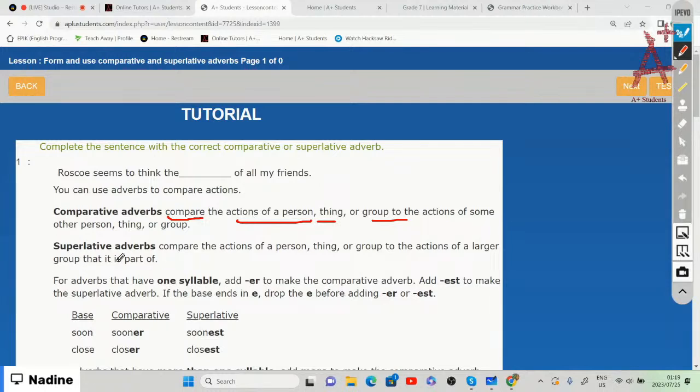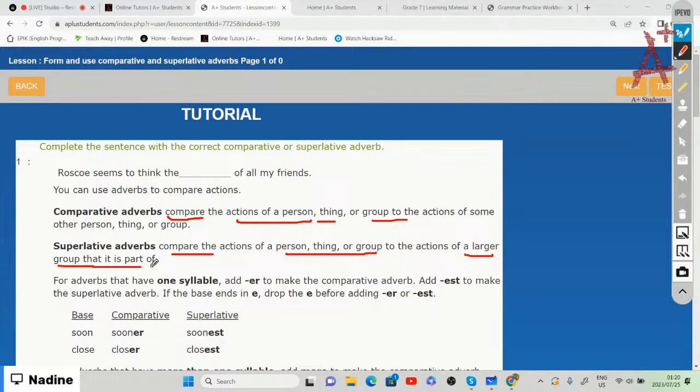Then we have superlative adverbs, right? And superlative adverbs compare the action of a person or thing or group to the action of a larger group that is part of it. Let's say, for example, you're comparing one person to a whole entire class, or to the whole school, or you're comparing one town to all of the towns within this big city, or this one city to all of the cities within, let's say, the state.